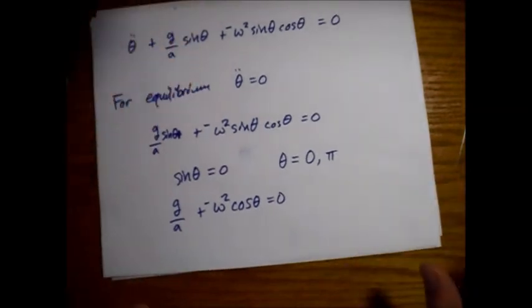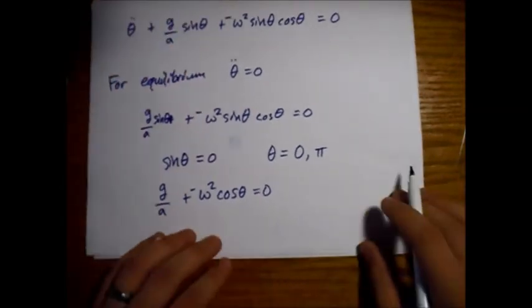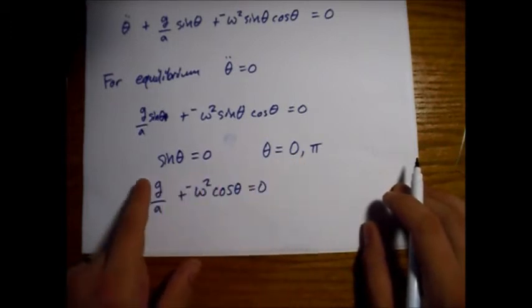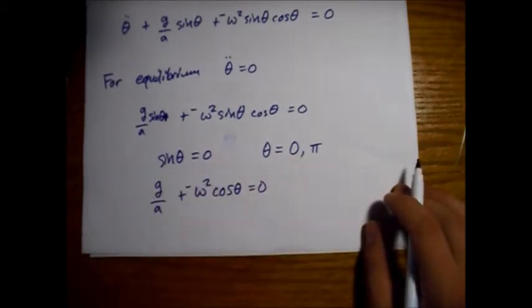Okay, I think I've got this stuff fixed. So again, we have equilibria positions at theta equals 0 and pi.